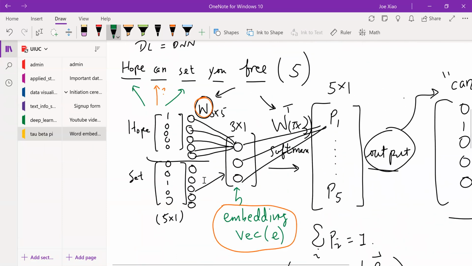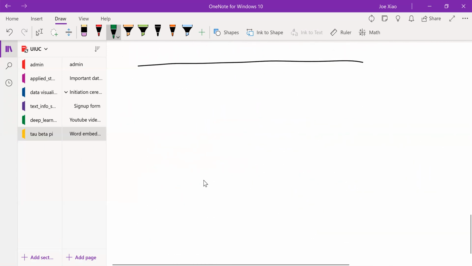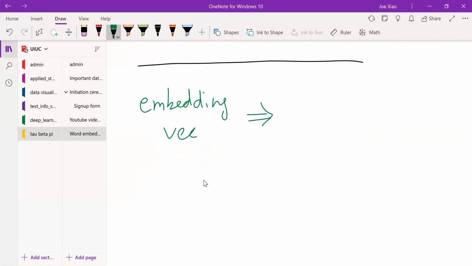So after a lot of training, your weights will be adjusted, and we can then use this embedding vector E here. This becomes the embedding vector we're going to use to embed our words in the vocabulary.